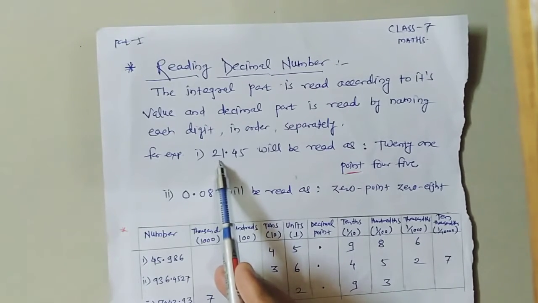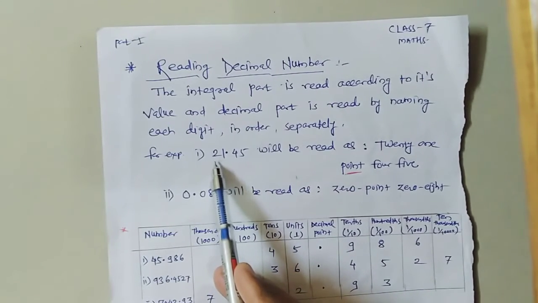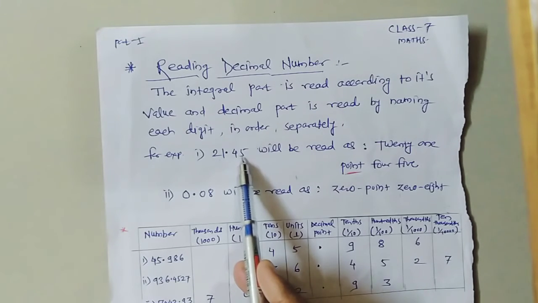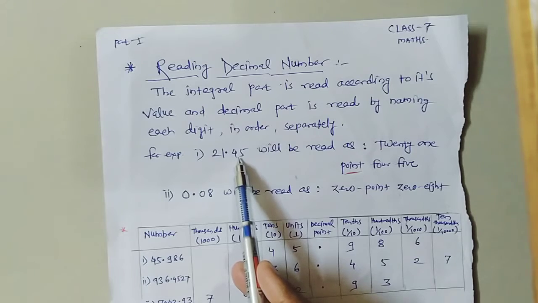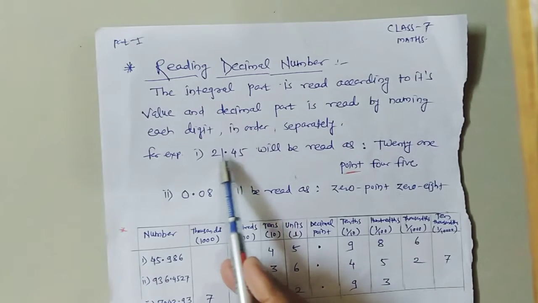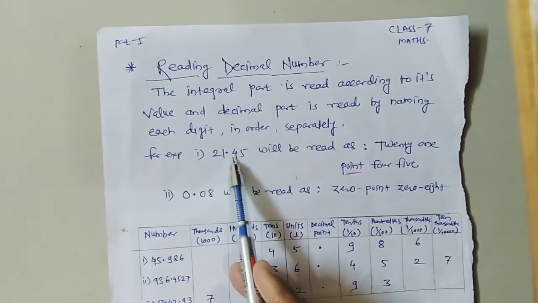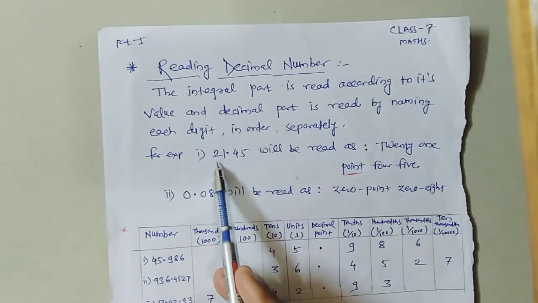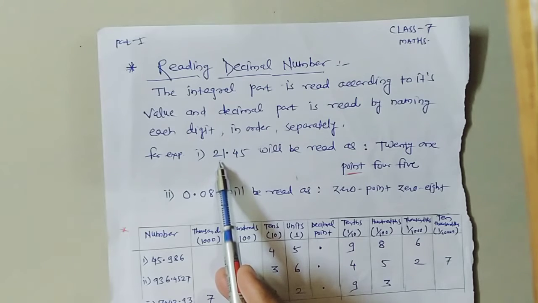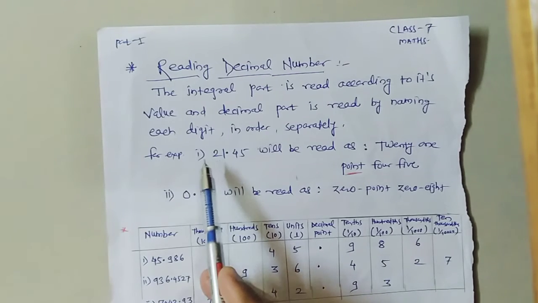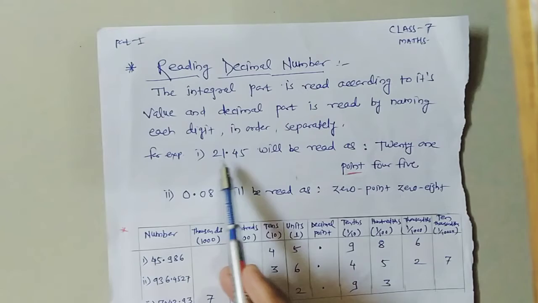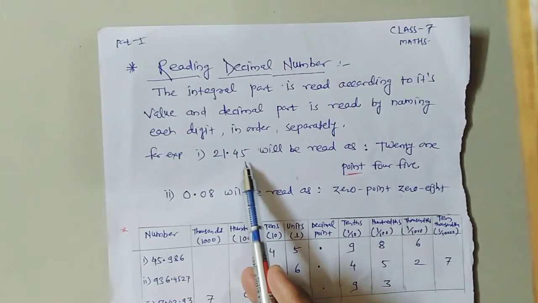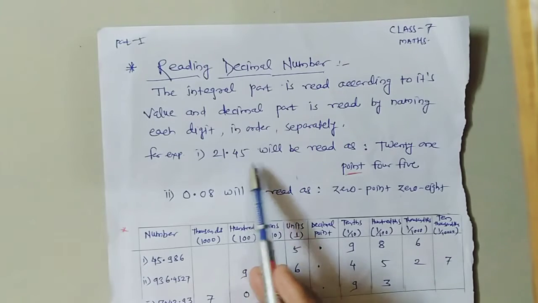So 21 is the integral part of the decimal number, and 0.45 is the decimal part of that decimal number or decimal fraction. So the integral part you read according to its value, so its value is 21, and the decimal part is read by naming each digit separately.